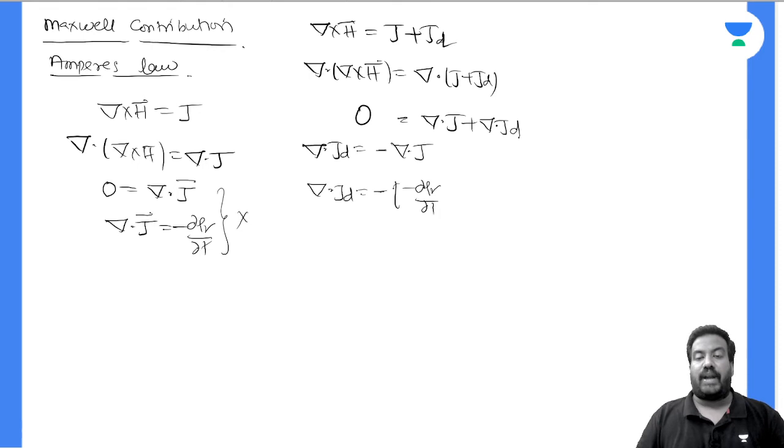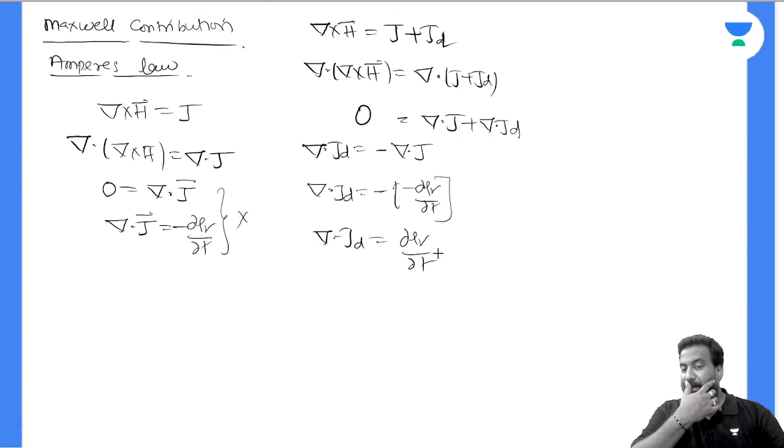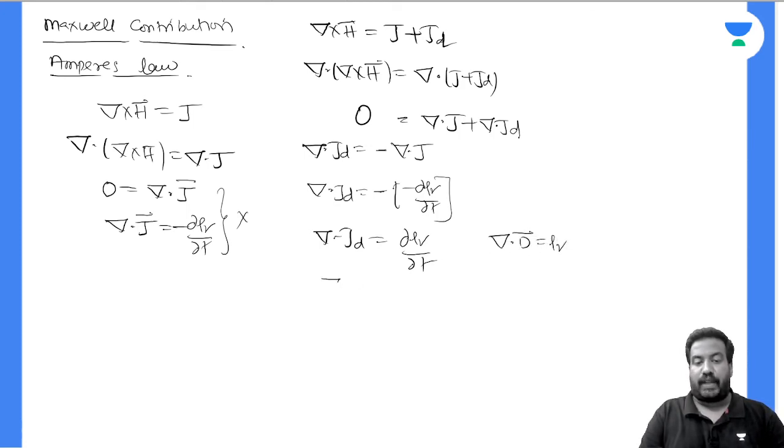Minus of minus becomes plus, so del dot Jd is dou rho v by dou t. From Gauss law, del dot D is equal to rho v. So del dot Jd is equal to dou by dou t of del dot D.